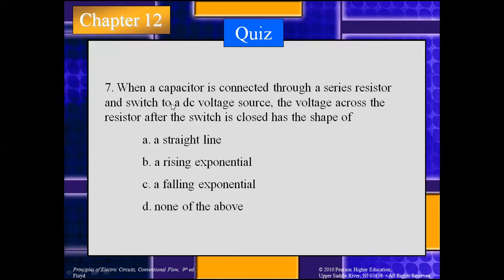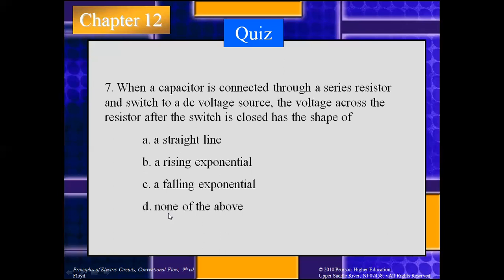Next question: when a capacitor is connected through a series resistor and switched to a DC voltage source, the voltage across the resistor after the switch is closed has the shape of. Here the options are given. First option is a straight line. Second option is a rising exponential. Third option is a falling exponential.